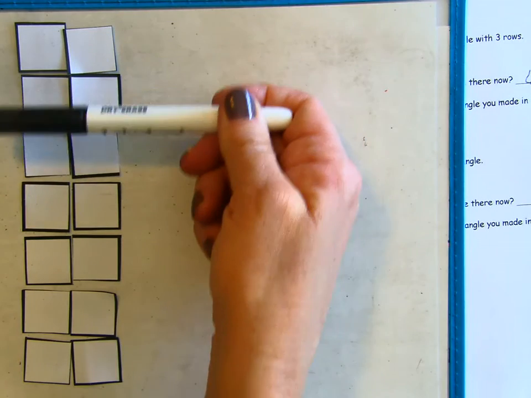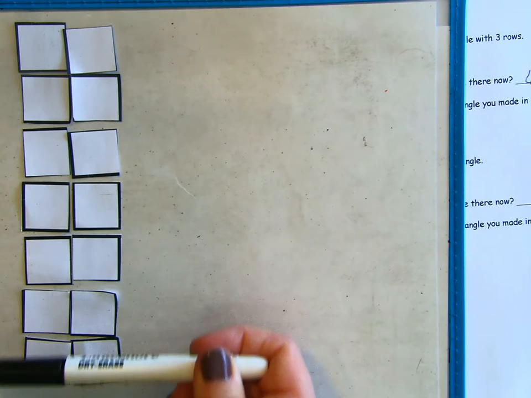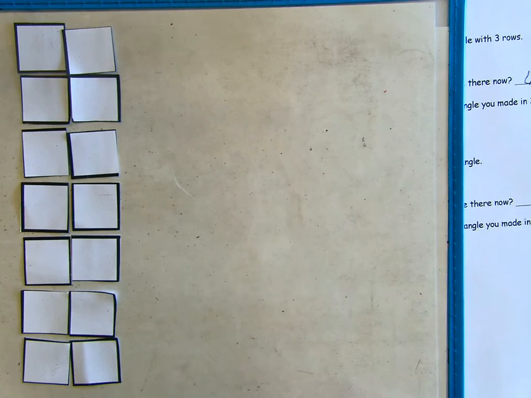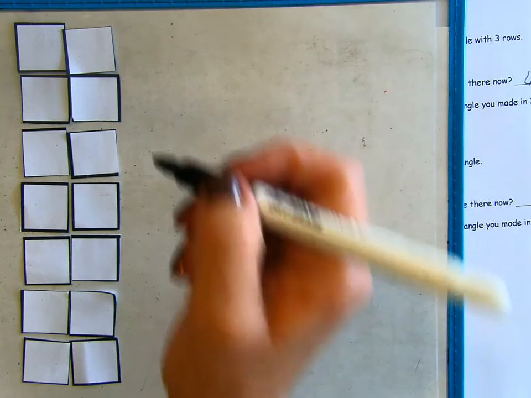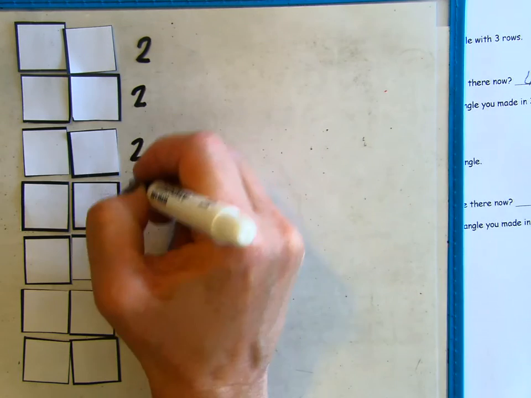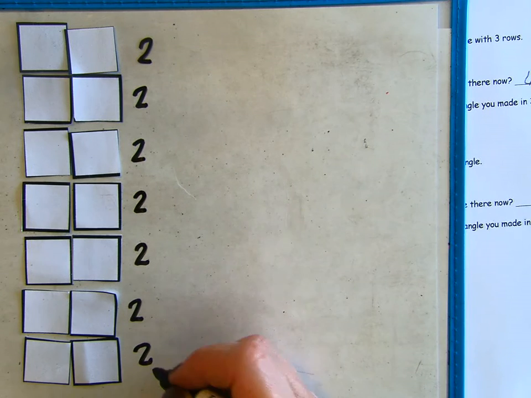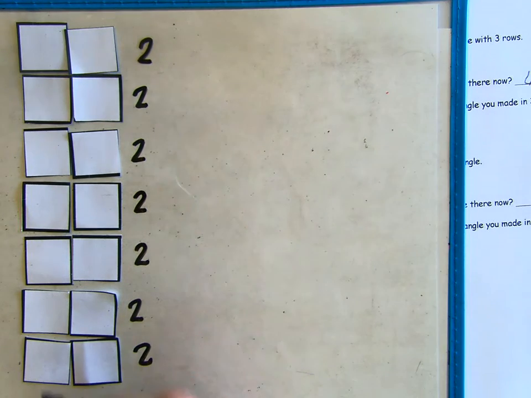So let's see how many rows we have. 1, 2, 3, 4, 5, 6, 7. So we have 7 rows. And we have 2 in each row. There are 7 rows and there's 2 in each row.